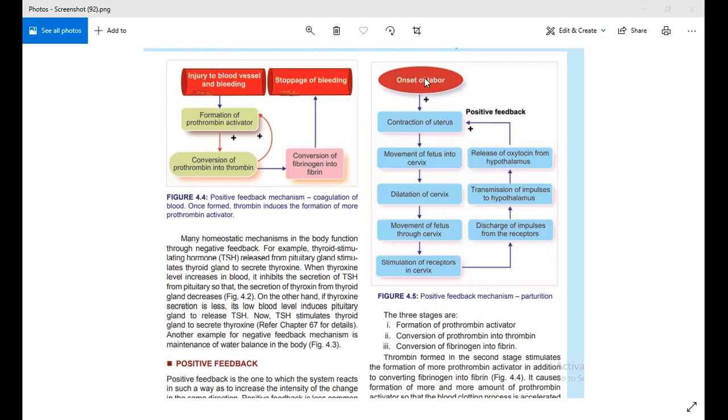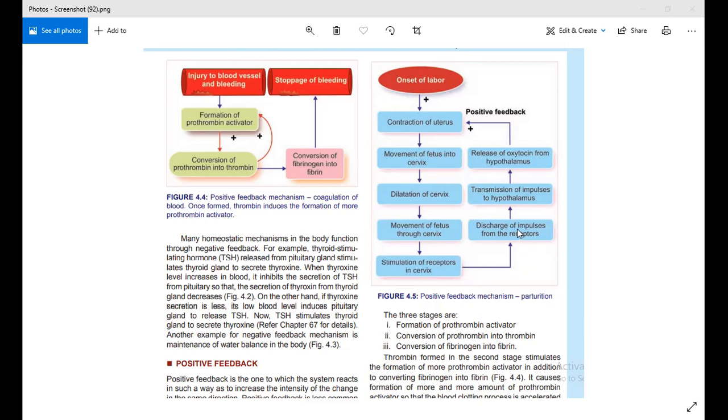Now, onset of labor, what happens? The uterus, the muscles of the womb contract. This contraction will stimulate the movement of the fetus into the cervix. That will lead to a dilatation of the cervix, and then the fetus will move through the cervix, and that movement will stimulate receptors in the cervix.